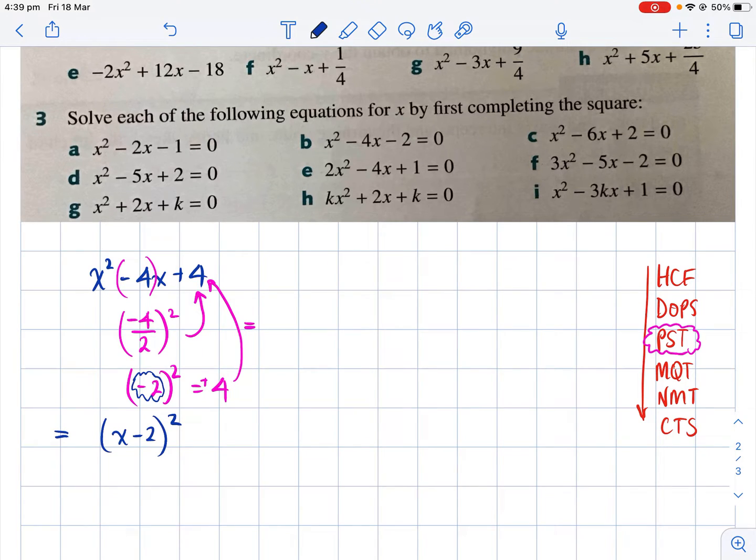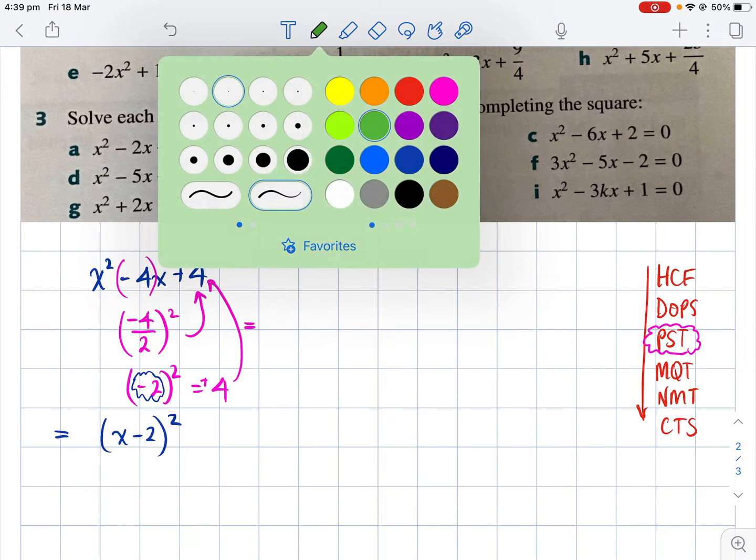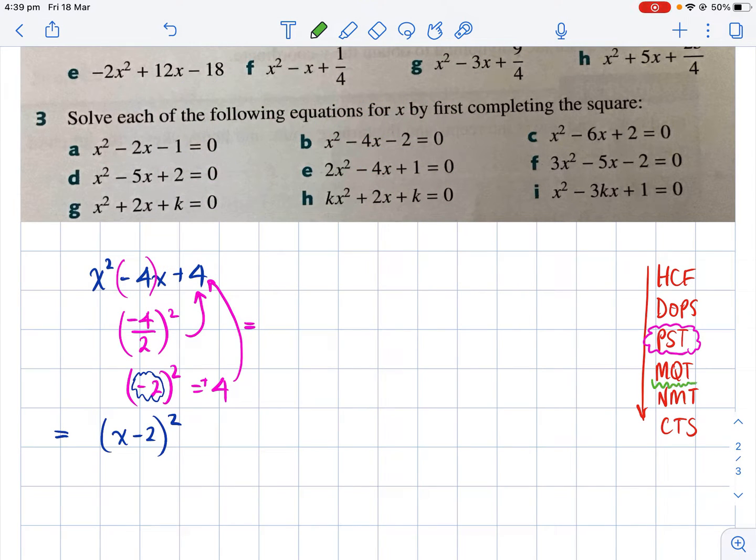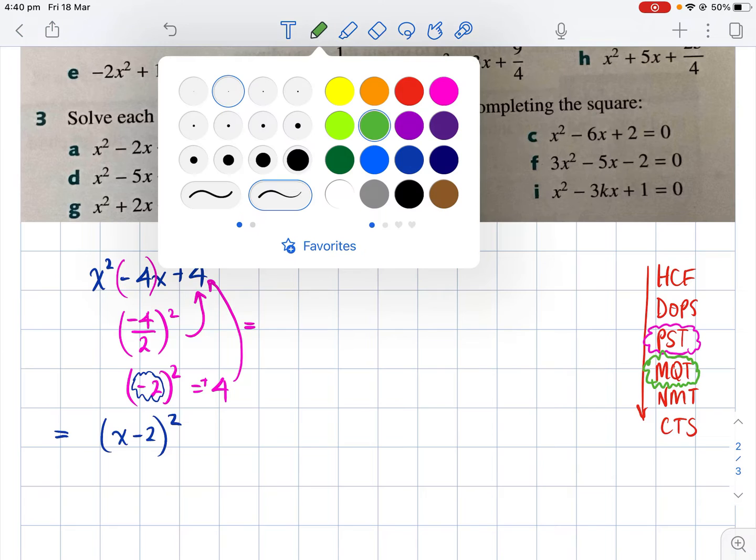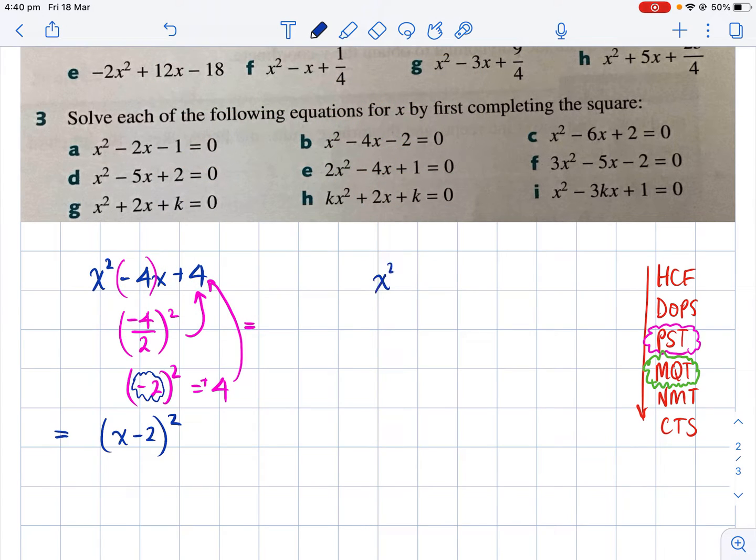Alright, now I remember when I was in high school, I never spotted these perfect square trinomials. So let's just actually have a slightly different look at the same problem. If I move down my factorisation list and move into the monic quadratic trinomial, I know that this question is a monic trinomial because it's got a 1 in front of x squared.